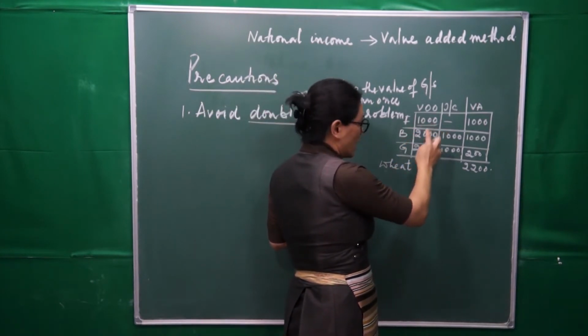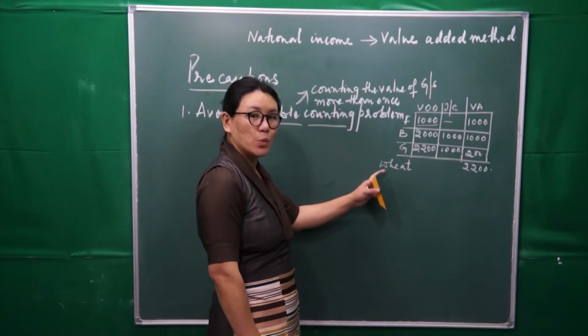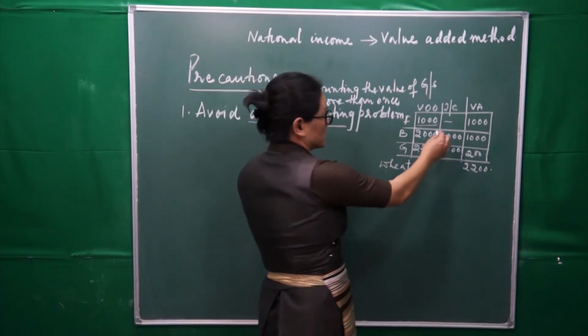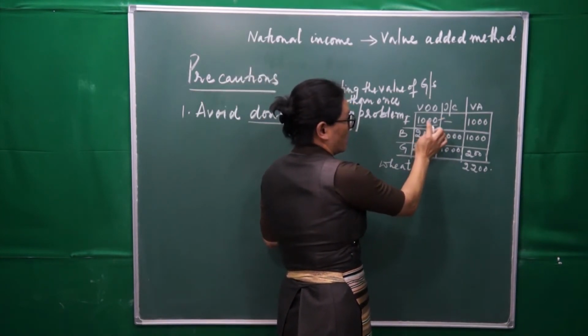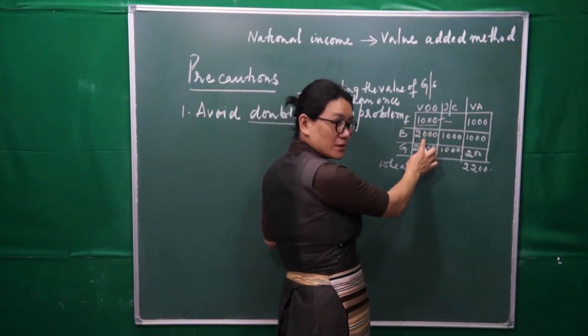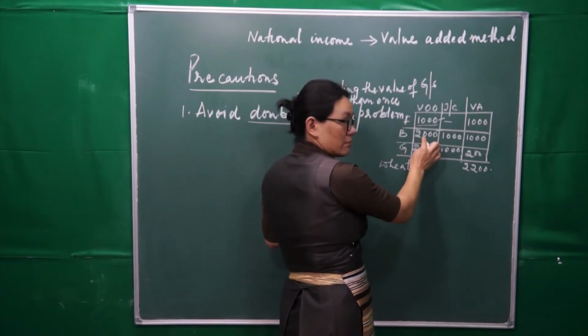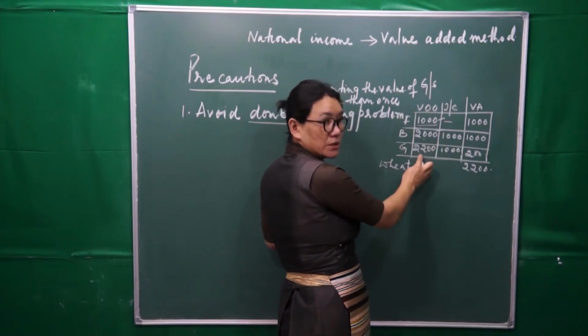Now let us see how many times the value of this wheat has been counted here. So this is the first time, and this value of wheat is also included in this one, the second time. Again, the value of this wheat is also counted here.